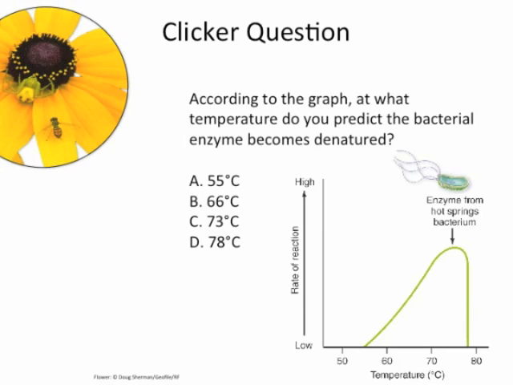If I was to draw a line from this peak here down, this is about 73. And here, this is about 78. So what's happening at 78 to the reaction rate? It's plummeting, right? And it plummets because the enzyme is denatured. So the right answer would be 78.